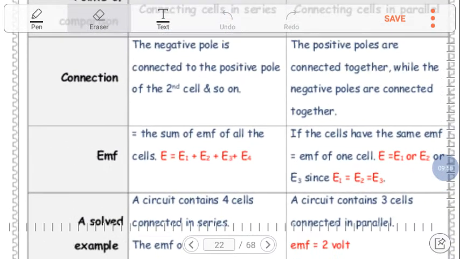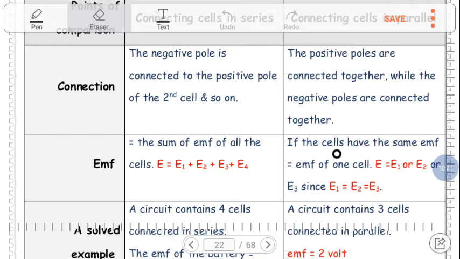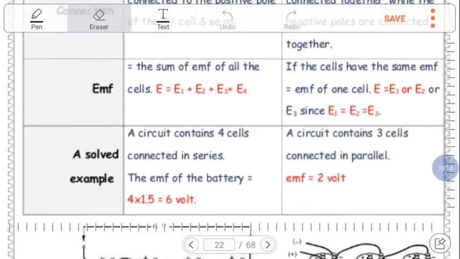Again, if the cells have the same electromotive force 1.5, the total of the cells in the parallel connection equals 1.5. It's equal to each other.